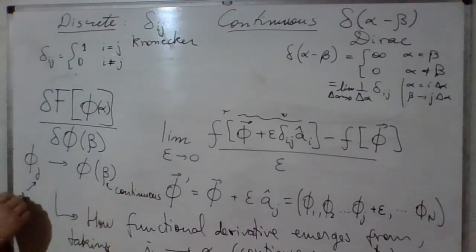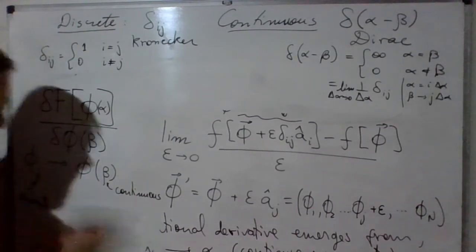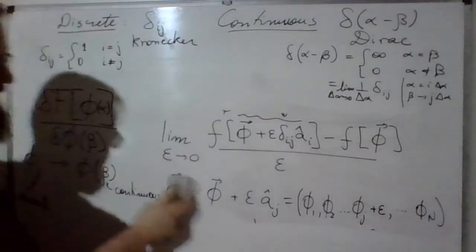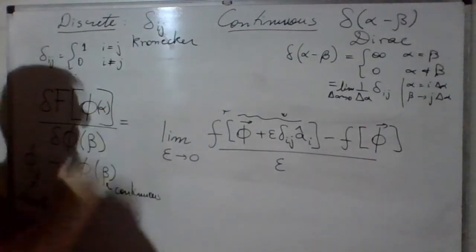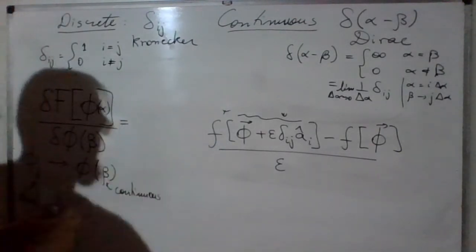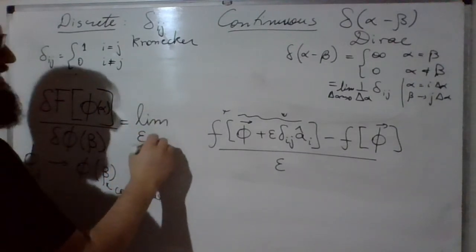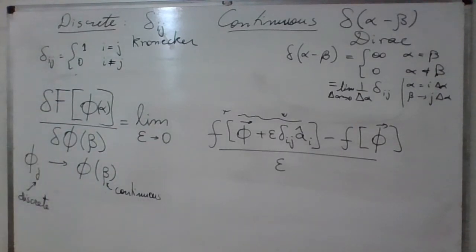Here it is discrete in the case of partial derivatives. And now we can take the limit for an infinitesimal change, epsilon going to 0.